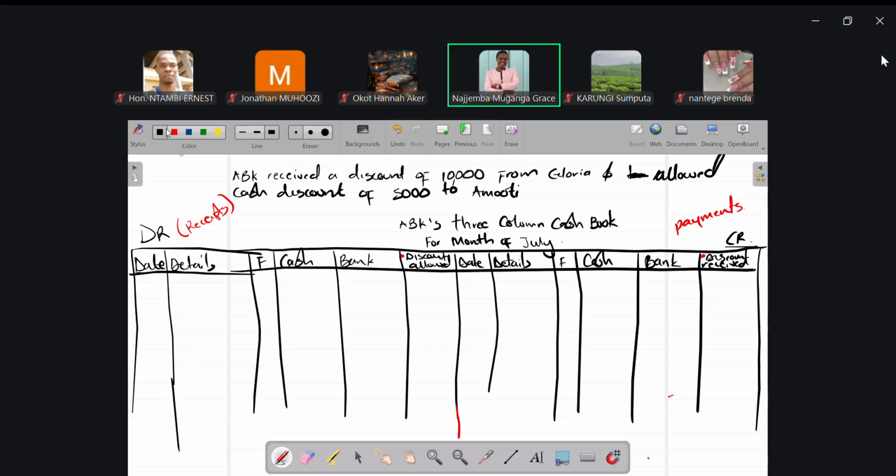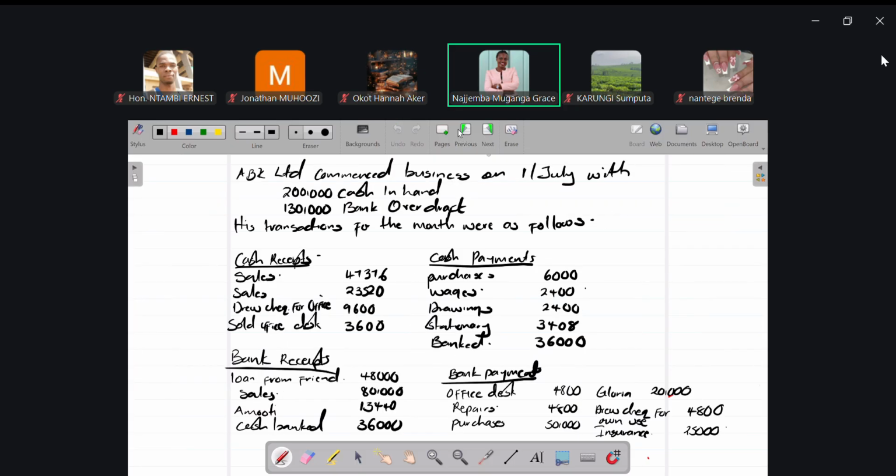So your closing balance becomes the opening balance for the next period. In our question, we had those balances here. Commenced a business with 200,000 cash in hand and 130,000 bank overdraft.